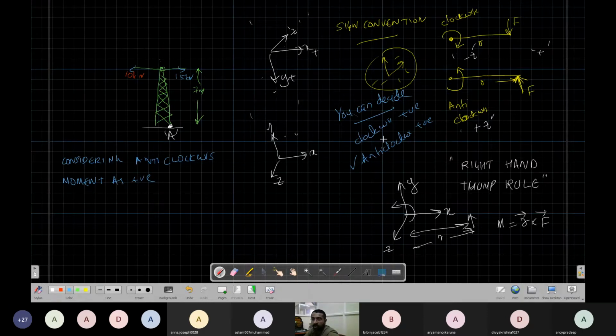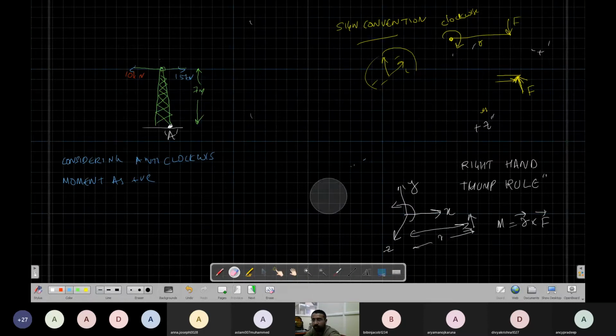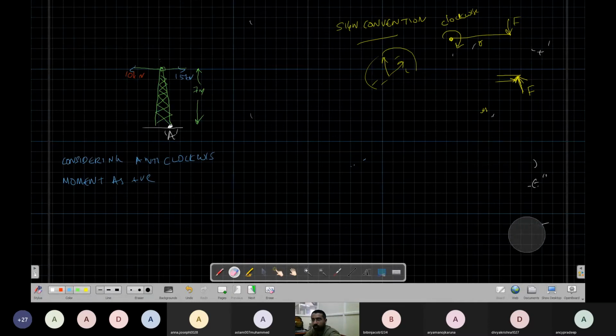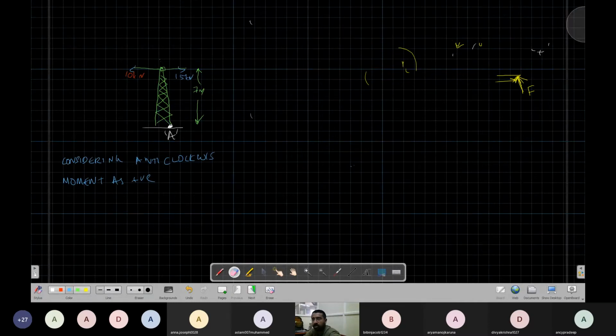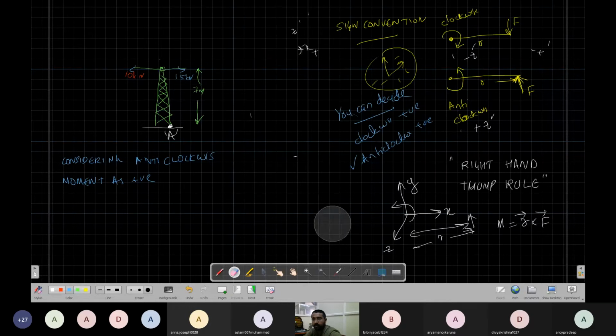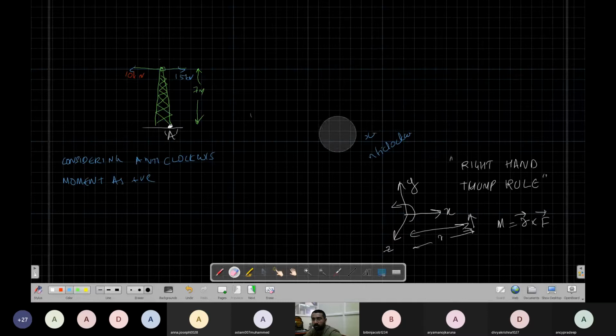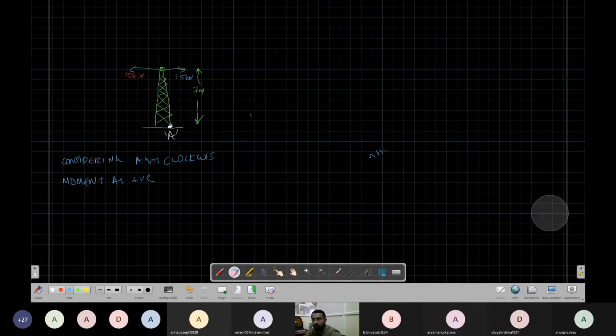So these things are not required. You just follow this rule that anti-clockwise moments are positive.